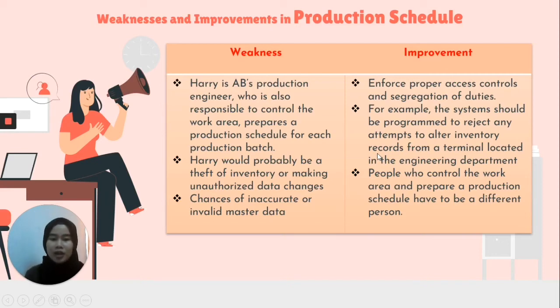A person should have limitations on what he can access, because if Harry can access all the information, he can make any changes for his personal use. People who control the work area and prepare a production schedule have to be different persons. It is important to safeguard inventory and to avoid any losses. So the production schedule should be prepared by production planning.